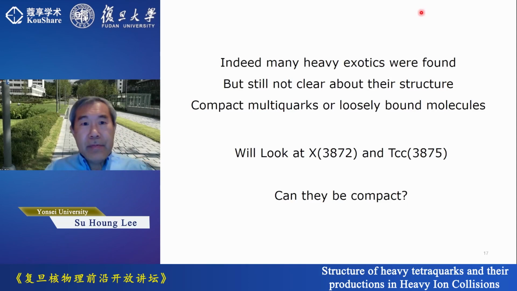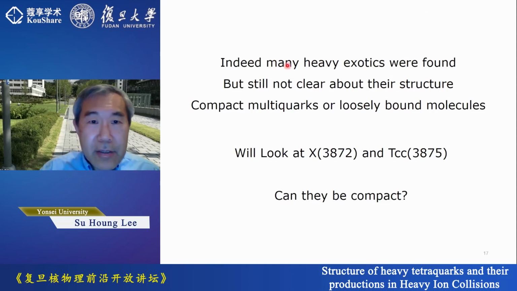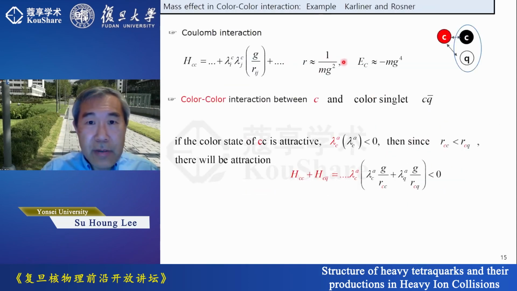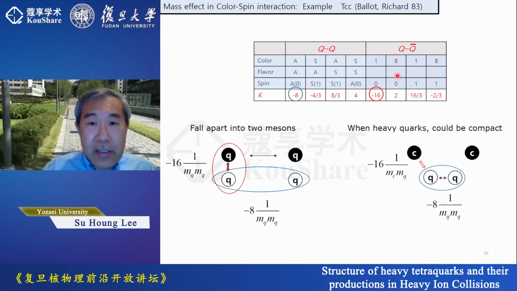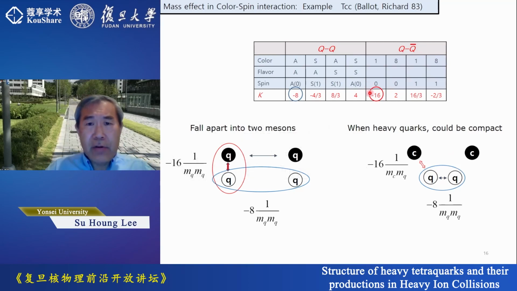So indeed, because of these two reasons, possible attraction coming from the heavy quark configuration in the color configuration, and the less attractive quark antiquark configuration if one of the quarks is heavy, these are the reasons why you need heavy quarks, and why this compact configuration possibly exists.